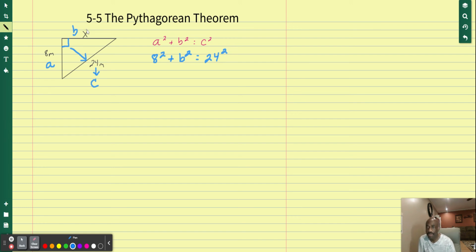So I know I'm looking for this value, which is our B in our formula. So this is 64 plus B squared equals 576. That is 24 to the second power.